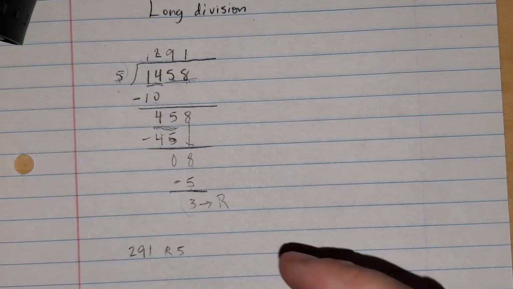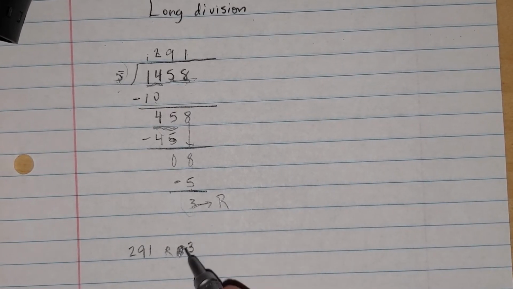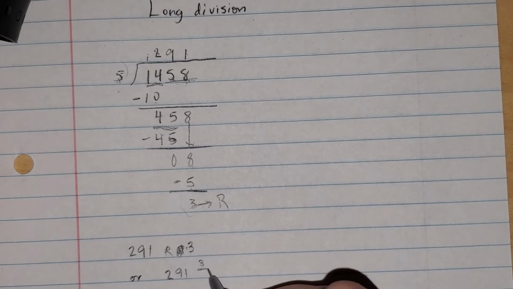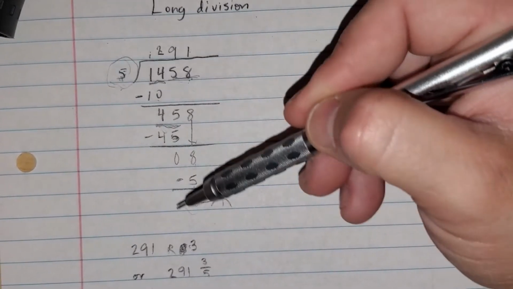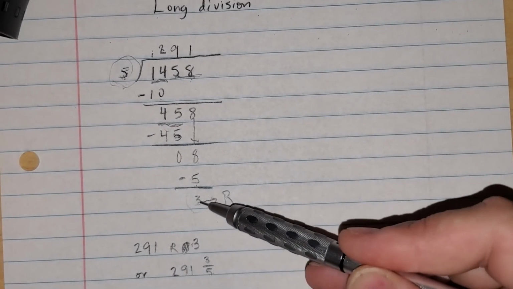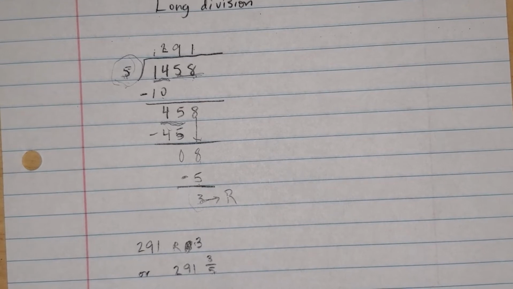Excuse me, remainder 3. It does help if you actually put the right number, doesn't it? Or you could write this as 291 and 3/5, because you're dividing by 5, that becomes your denominator, and the remainder becomes your numerator. So either of those answers is acceptable.